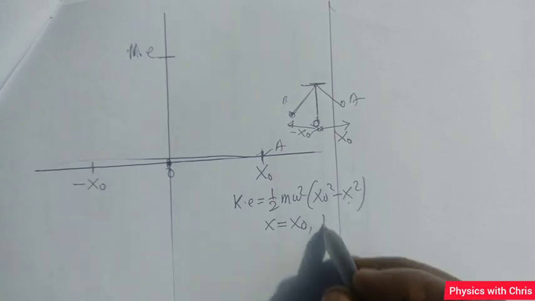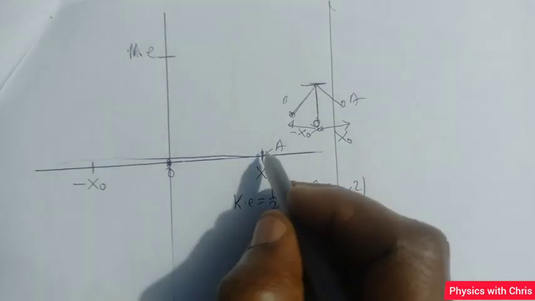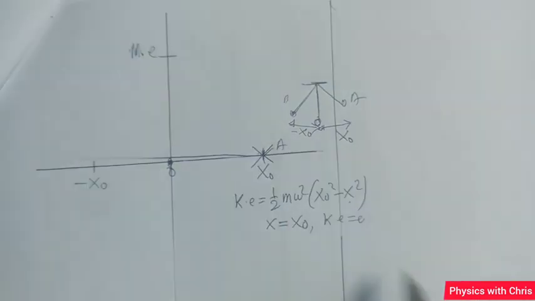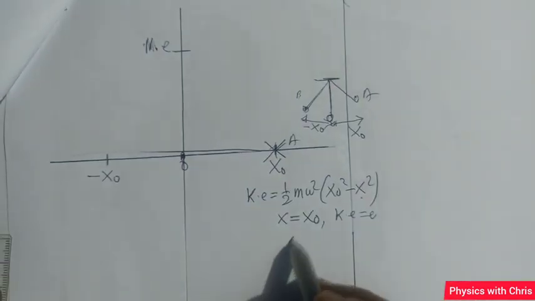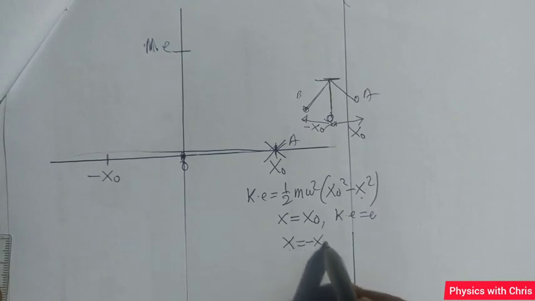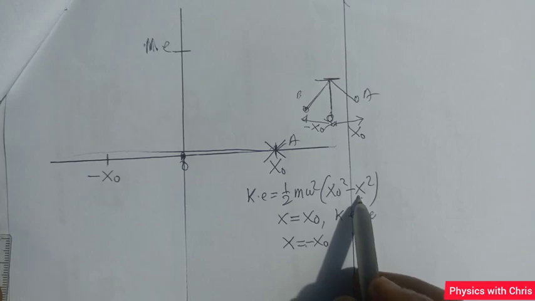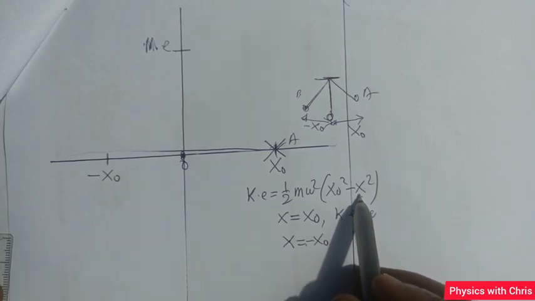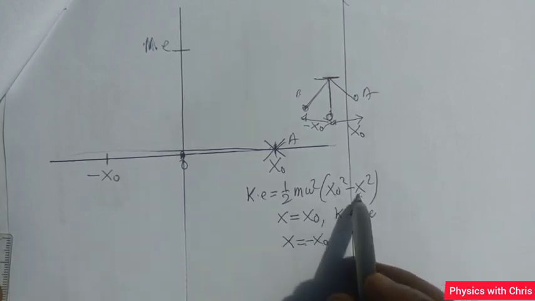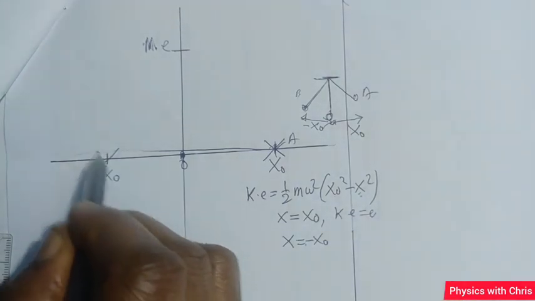So the kinetic energy is equal to 0, and I plot that here. Then when x is equal to minus x naught, if I substitute that in this equation, we have positive x naught squared, so that is x naught squared minus x naught squared, which is also 0. I plot my 0 here.